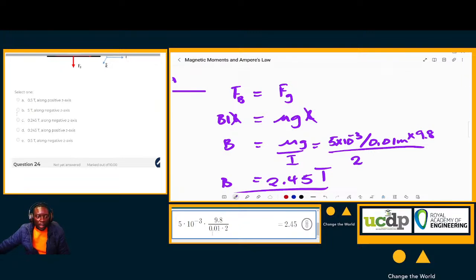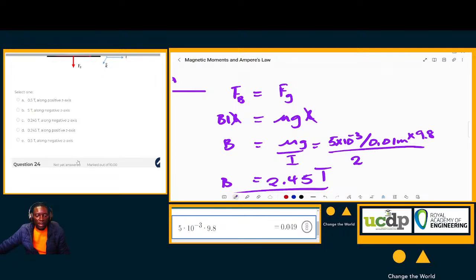Yes, I did. Okay, so we've got 5 grams per centimeter multiplied by G over I. 5 over 1,000 and 0 over 100. No, 1, 2, 3. That's 5 grams. Times 9.8.